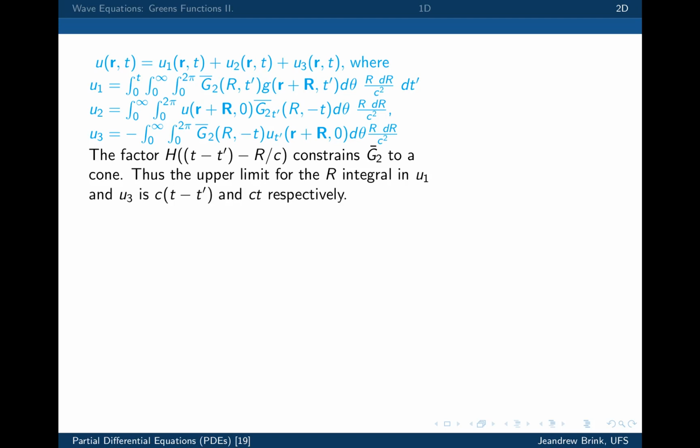So basically the upper limit for constraining it to the cone is that you now change this integral to, in this particular case where t prime is equal to 0, it becomes ct, and over here it becomes ct minus t prime.